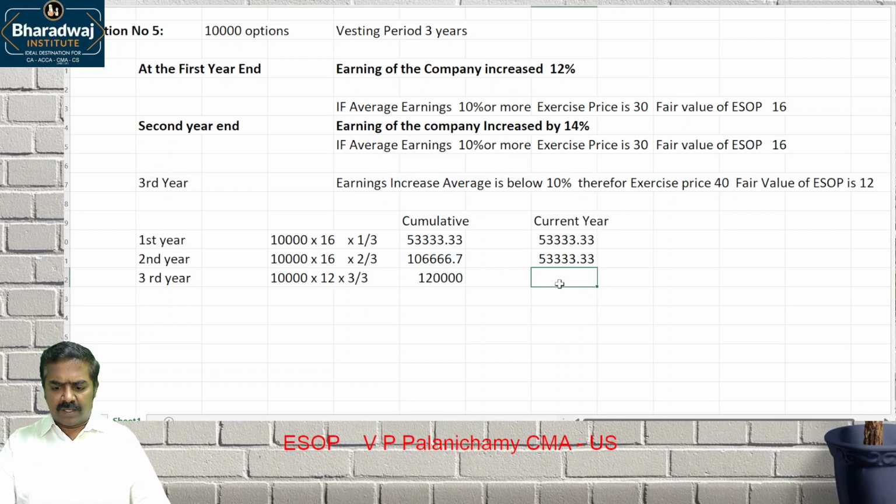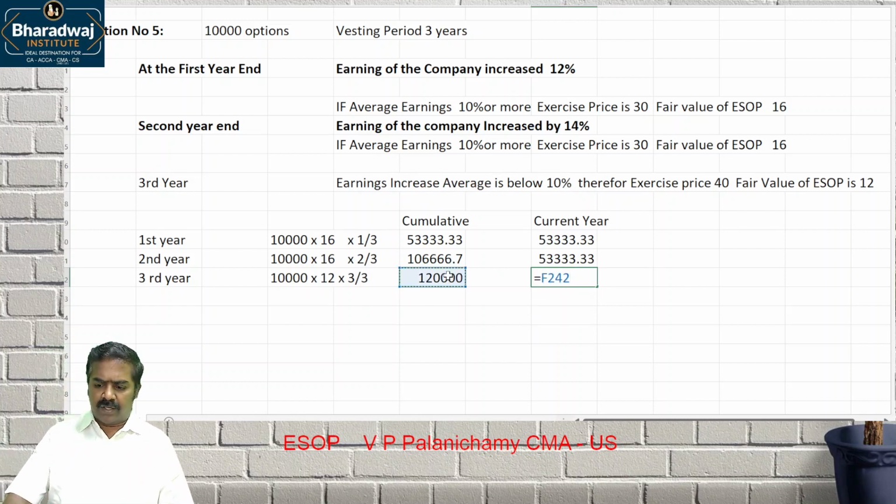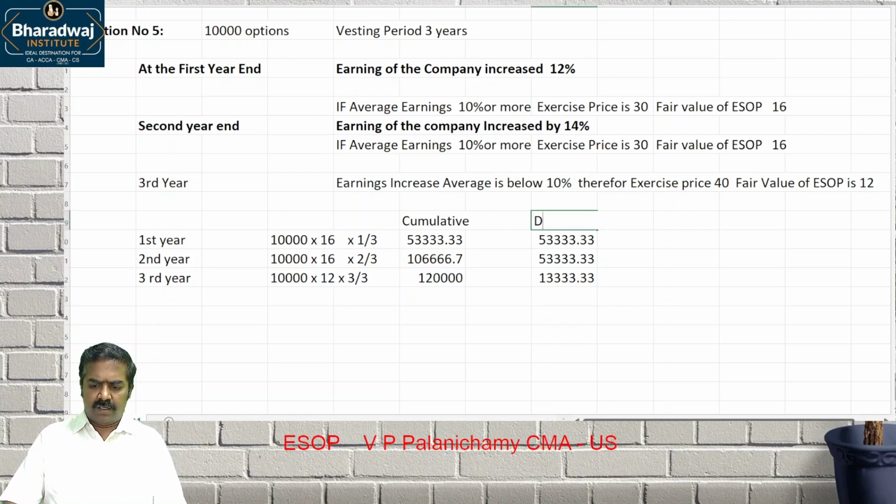So the expense to be recognized for the current year will be 1,20,000 minus the earlier cumulative amount. This is the ESOP cost. This amount you will charge in the P&L account. First year 53,333, second year also, third year.